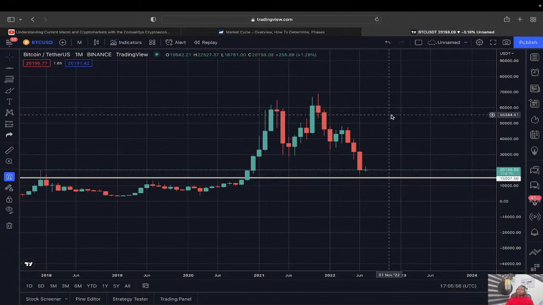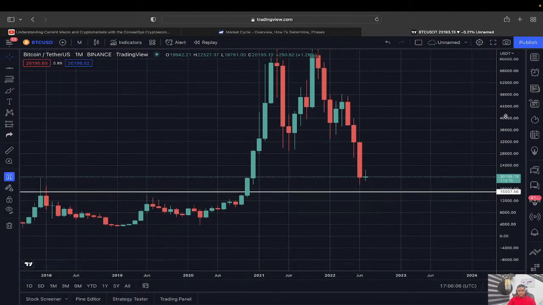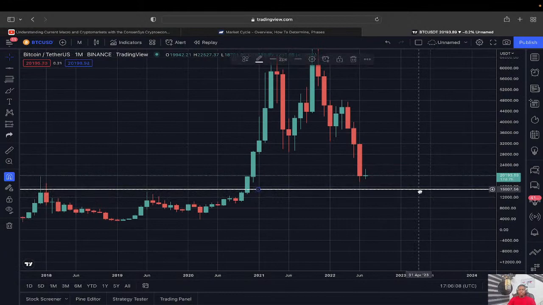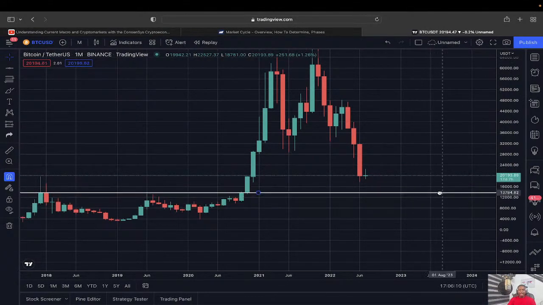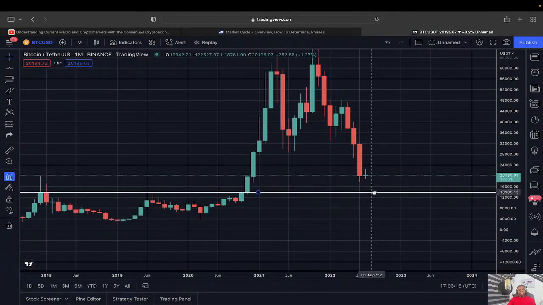Let's map out the key areas of support and resistance levels. If you can see here, this area is a key area of support and resistance.